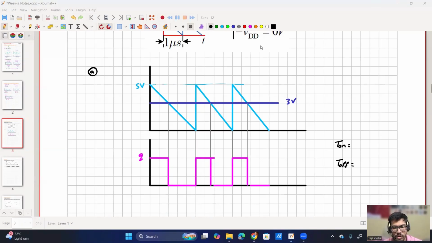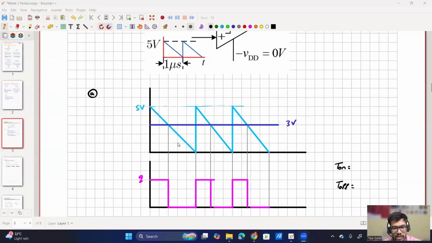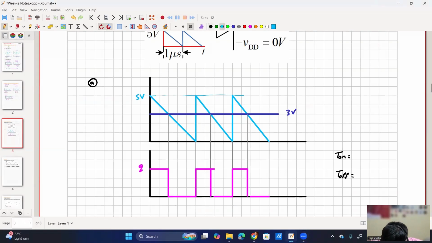Purva says on time is 0.4 and off time is 0.6. Anyone? Are you getting the same answer? The time period is given as 1 microsecond.